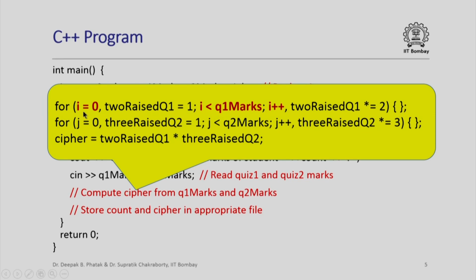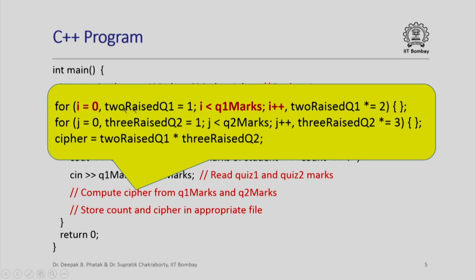Notice that in this for loop I have this simple counter i which starts from 0. The loop condition is i less than quiz 1 marks, and the loop counter is incremented every time I go through the loop. So this loop is going to be iterated exactly q1 marks number of times, and in each iteration I am going to multiply 2 raised to q1 by 2, where 2 raised to q1 is originally initialized to 1.